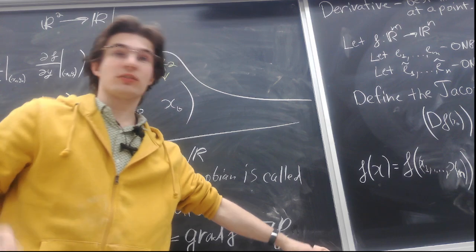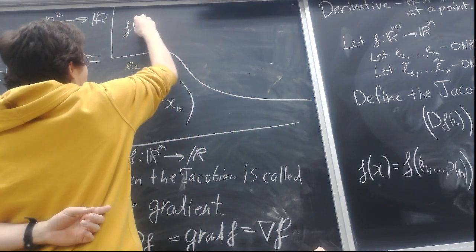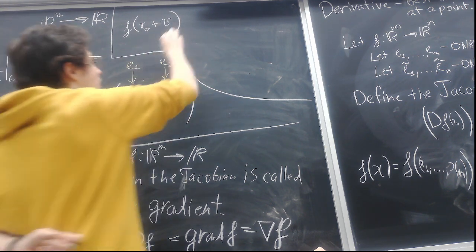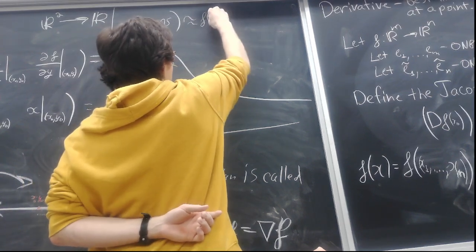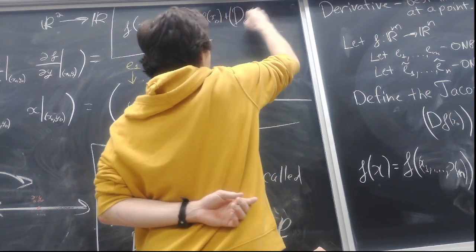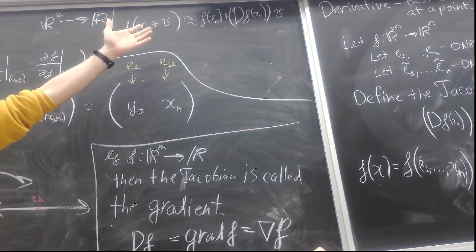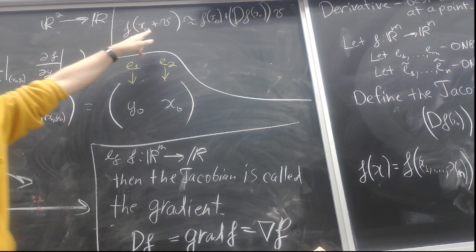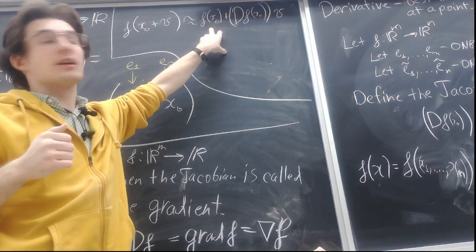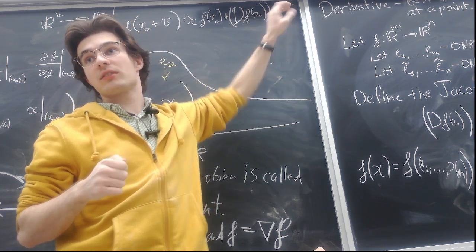As a linear approximation, it's telling me that f of x naught plus v, where v is just some small vector, should be approximately equal to f of x naught plus df evaluated at x naught, all applied to v. This makes sense. If I go in direction v, then my function should be approximately where I started off, plus which direction I traveled and by how much, and the matrix that applies to it.